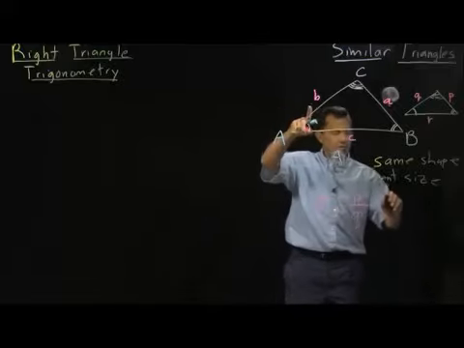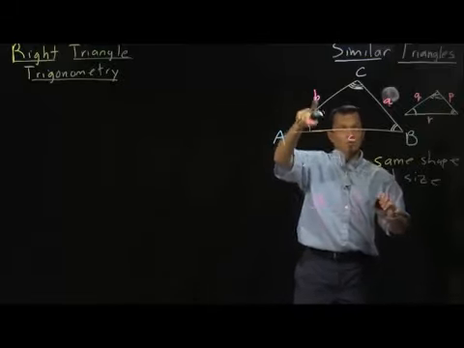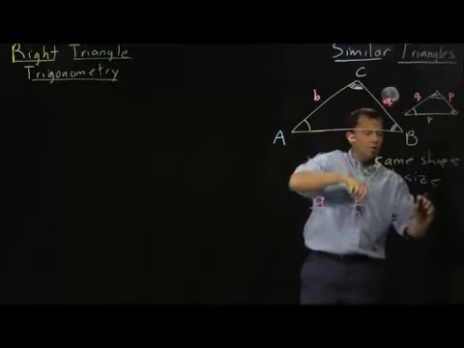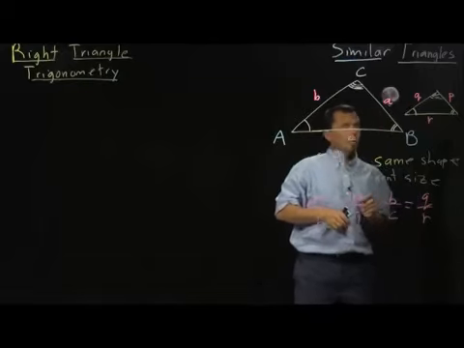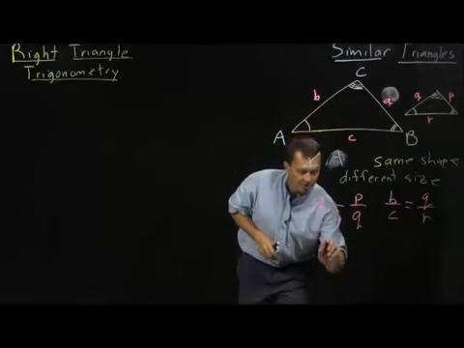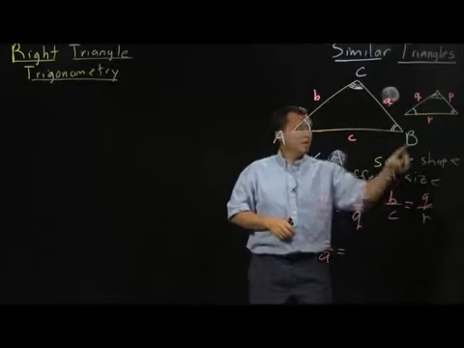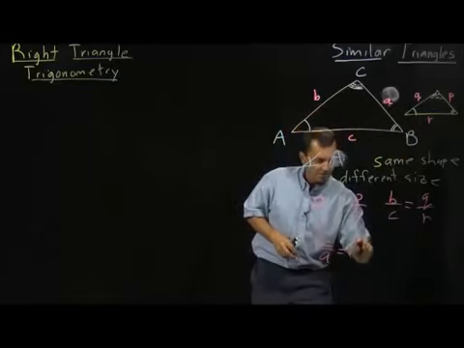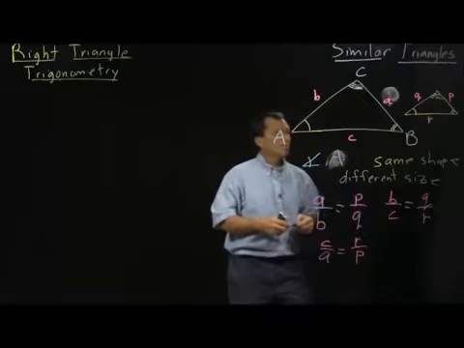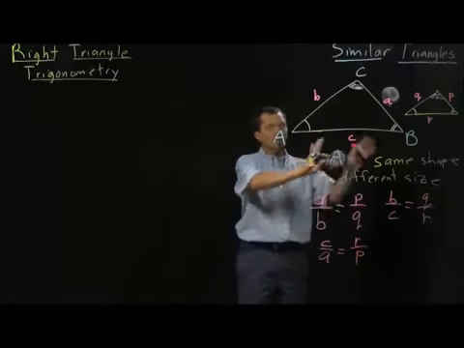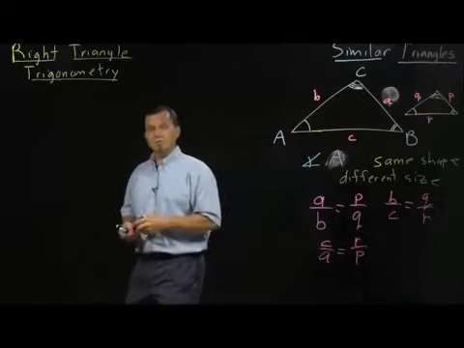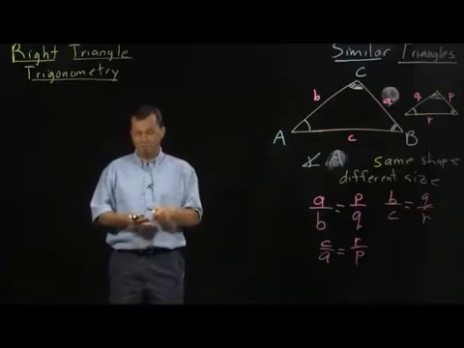You can take any 2 sides. b over c corresponds to q over r. If I want to take the ratio of c divided by a, that's going to be the same as r over p. Okay. So we're going to use this property when we come over here to look at right triangles.